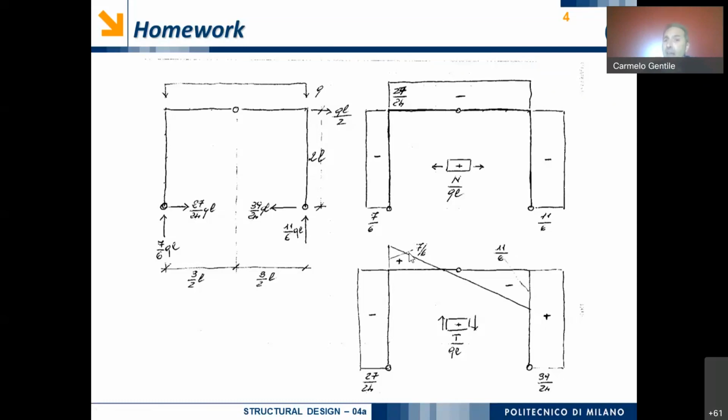On the left-hand side, the sign is plus. On the right-hand side, the sign is minus. So very easy computation to do if you know before which is the law of variation of the different quantities.